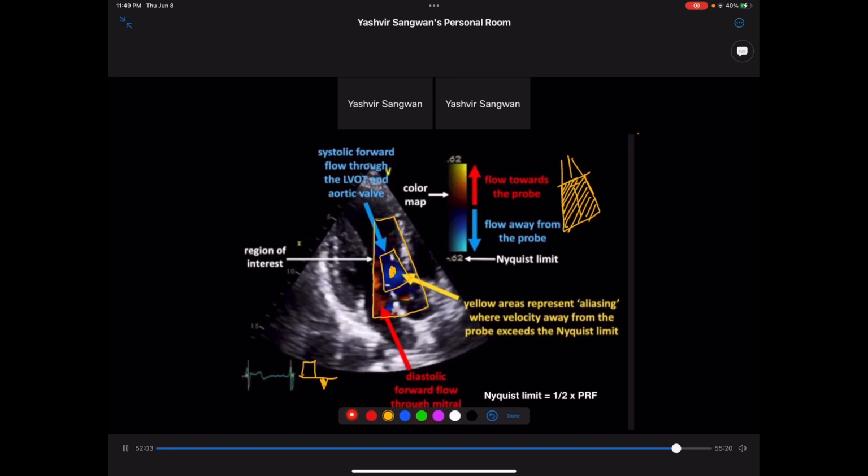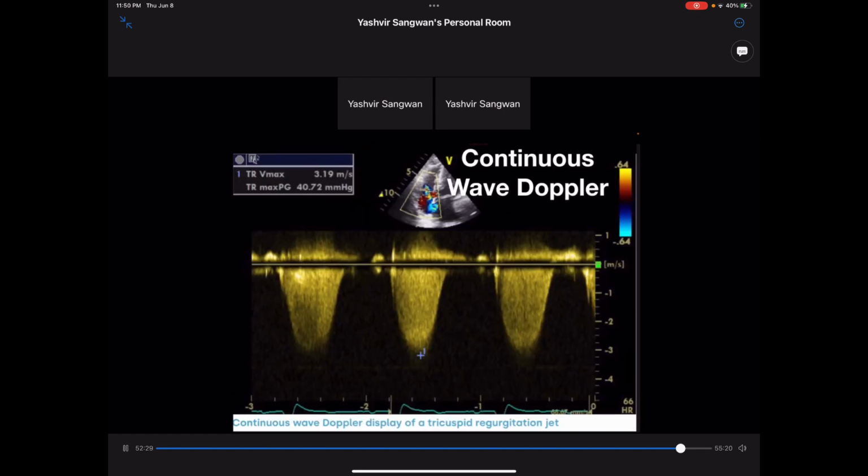You are looking at backward flow when none exists. But again, anything that flows towards the probe is going to be red. Anything that flows away from the probe is going to be blue. You will see this in the side of your screen, so there should be no reason for anybody to get confused.